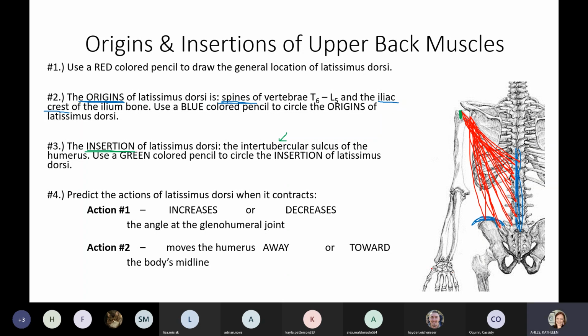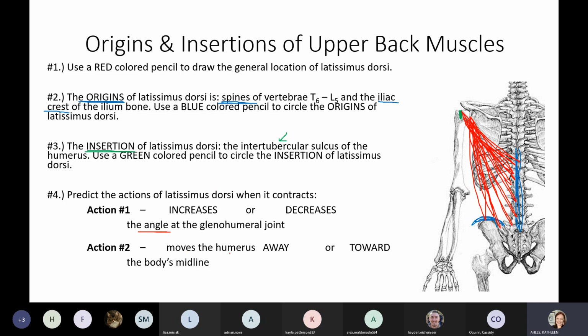When we're considering the movements that this muscle does, consider that when we start here with our angles, the origin, the non-moving site, is toward the back side of the body. Your iliac crest and your vertebrae are farther back than your humerus, than the top of your humerus.